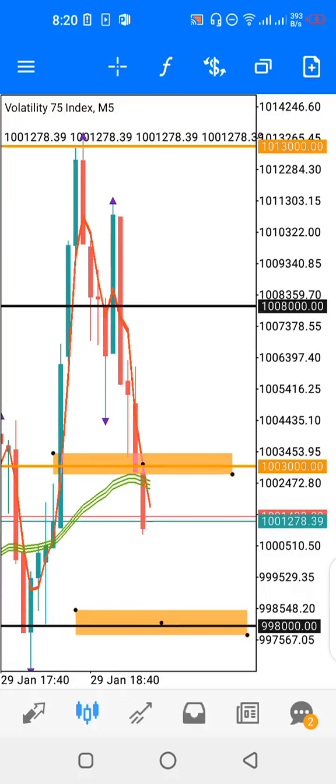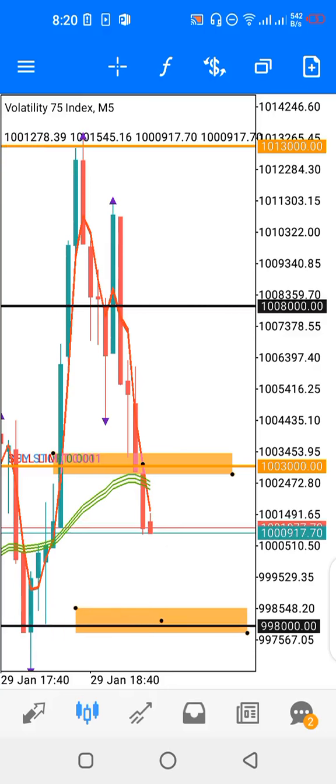My buy stop will be 1003000. That's my buy stop. And my sell limit will be at a point 1003000.